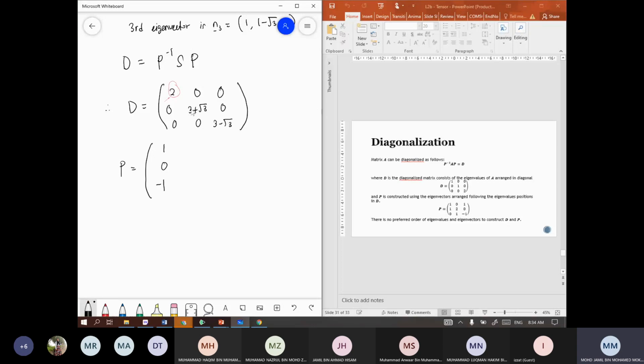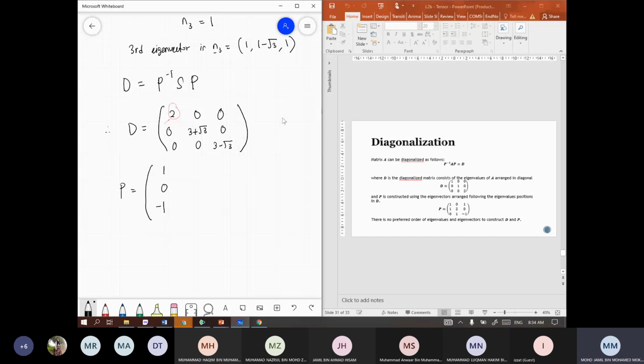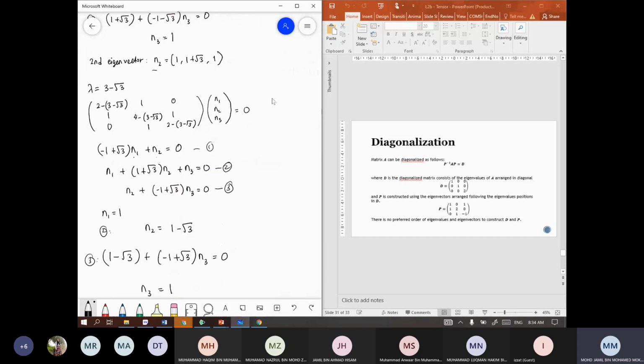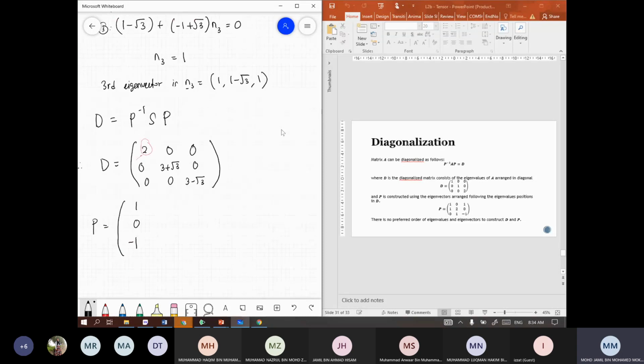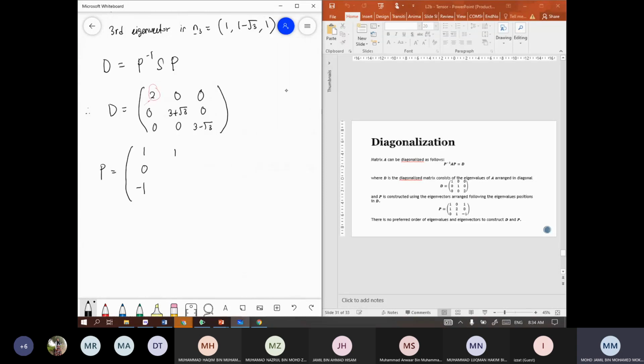Then the second one, 3 plus square root 3, is this eigenvector. And then lastly is this eigenvector. Okay, so you get matrix D and P.